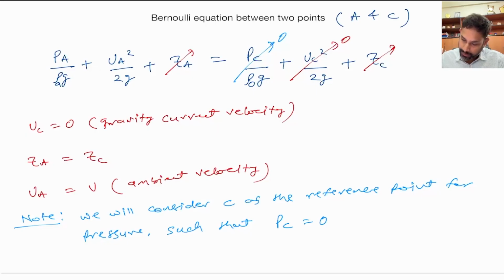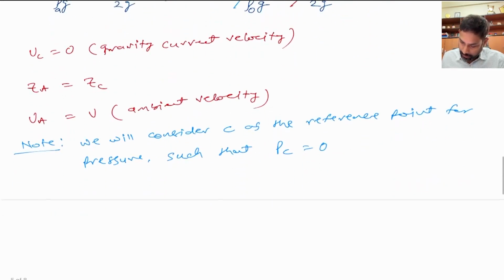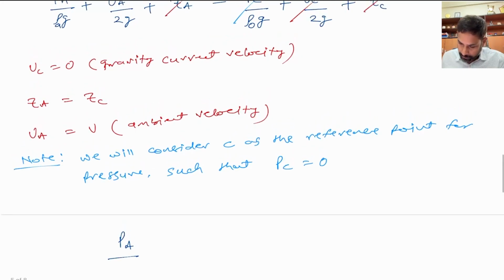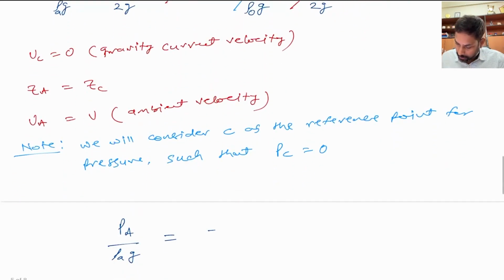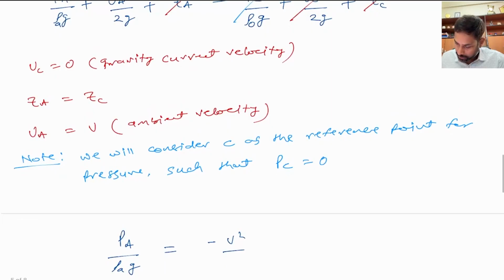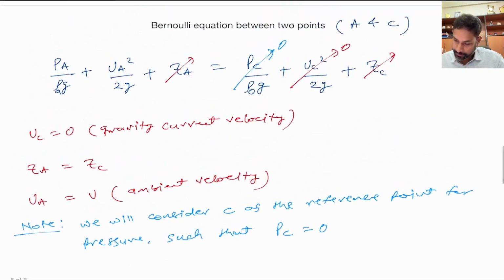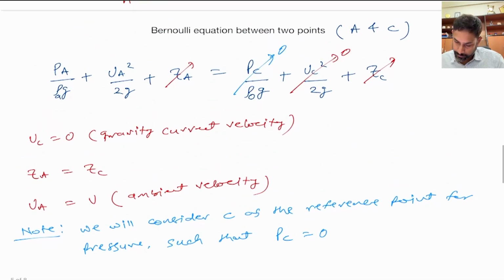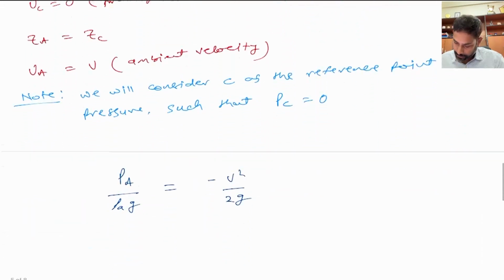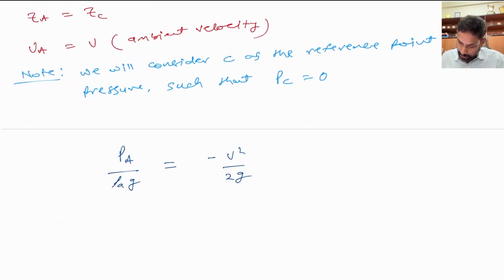Okay, in that case, what we get here is PA over rho A g is minus U square over 2g.